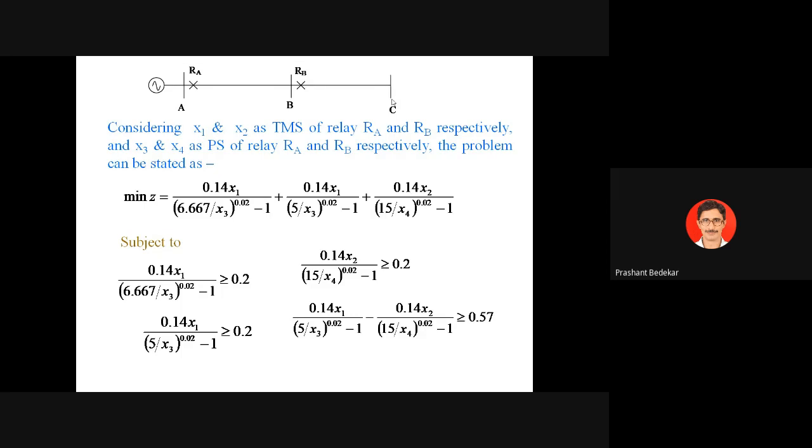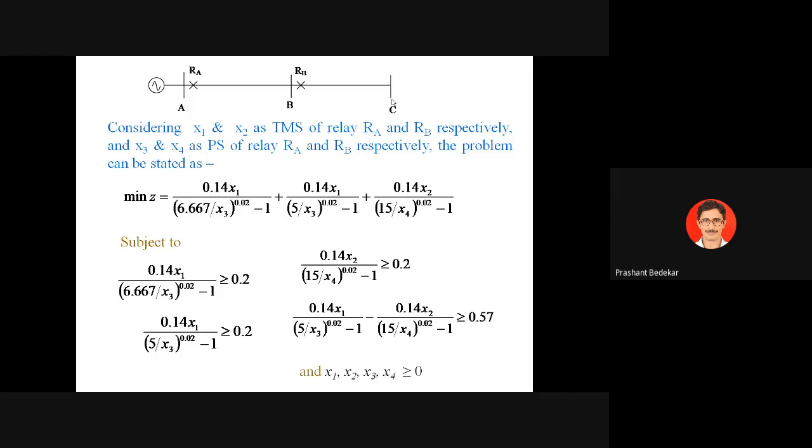This is the coordination constraint. You will find that the terms are non-linear. And you can just think of the complexity of the problem. Even if the system is very simple, consisting of 2 relays and only one primary backup pair, the problem looks very complicated because of non-linearity in nature.